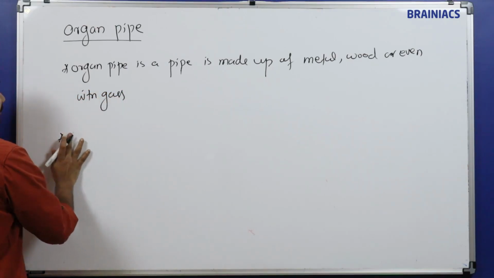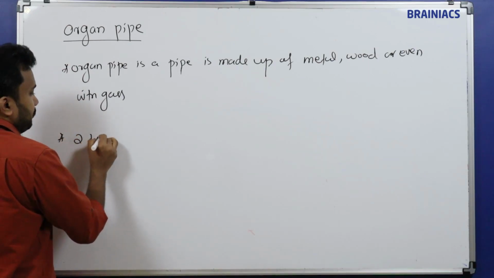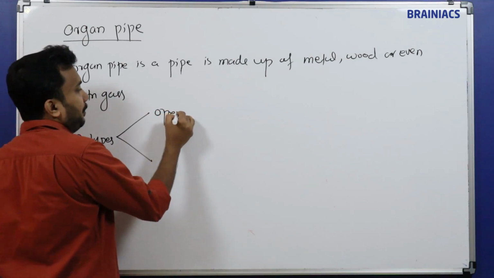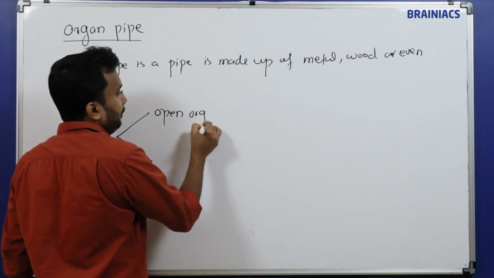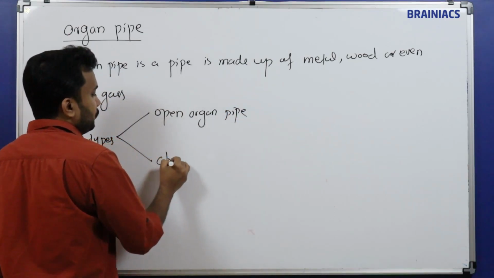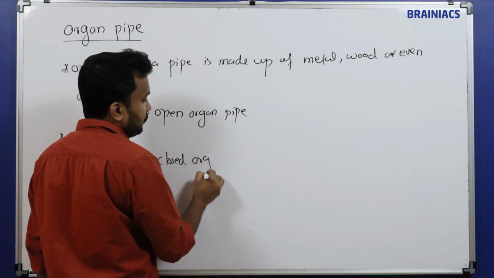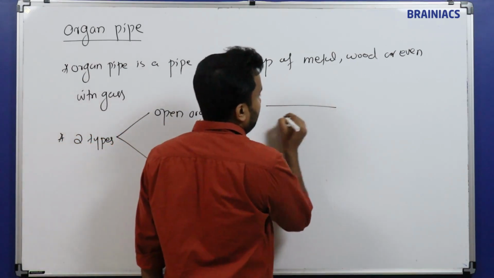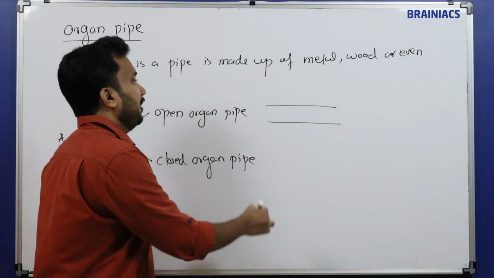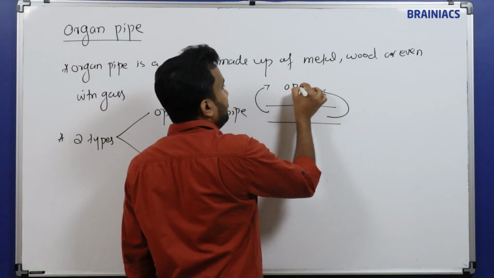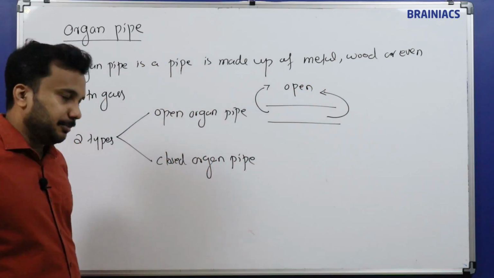There are two types of organ pipes. One type is the open organ pipe. The second category is called the closed organ pipe. Why is it called that? In an open pipe, both ends will be open, so it is called an open organ pipe.